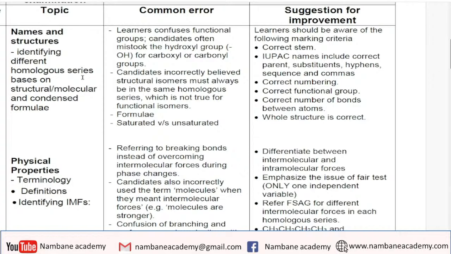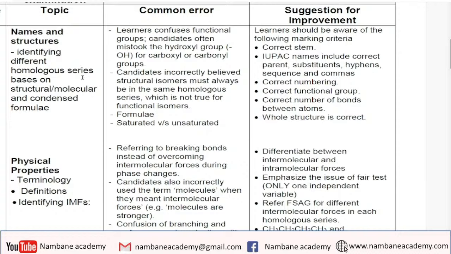We know if you write a formula between the name and the number, we must have a hyphen. But between a number and a number, in the case of the same side group, we put a comma. And when you have more than one same side group, we know we'll use di for 2, tri for 3, and tetra for 4.